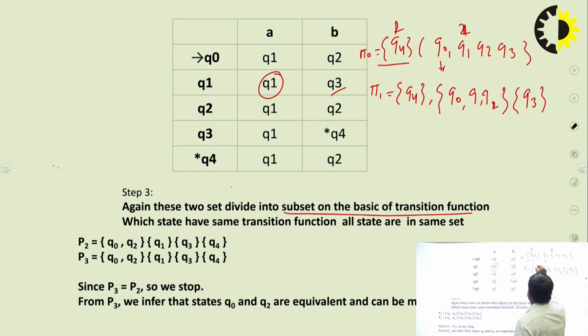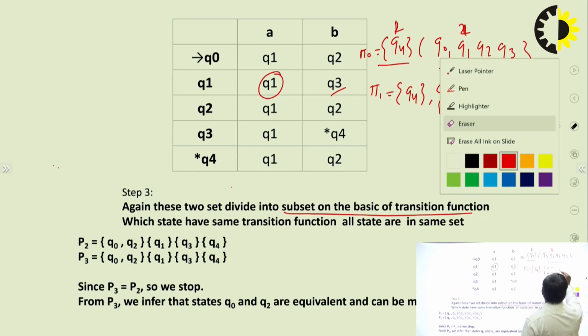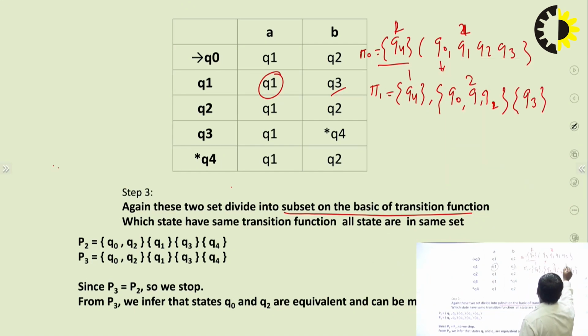Here we have set 1, set 2 and set 3. This process we repeat. We check the transition function of Q0, Q1 and Q2.